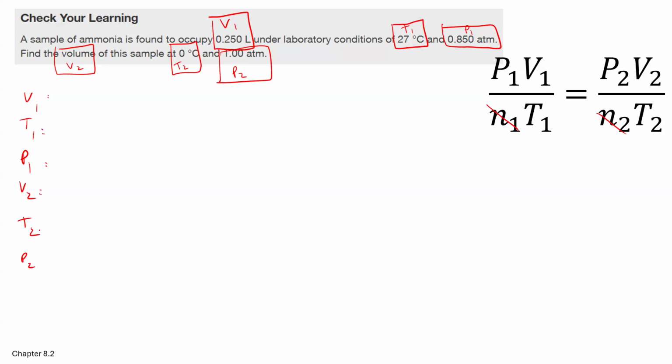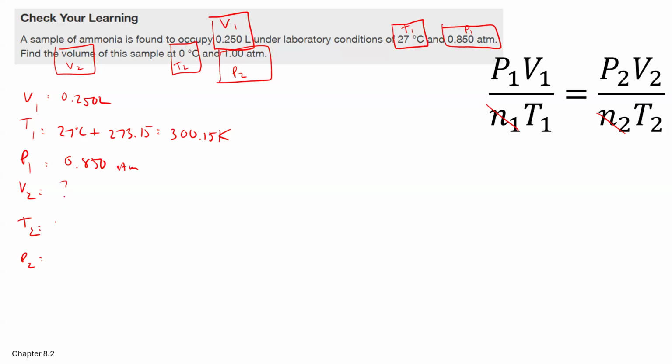Remember, one thing we have to do is get everything into Kelvin, but let's start here. 0.250 liters. 27 degrees C plus 273.15 equals 300.15 Kelvin. 0.850 ATM.